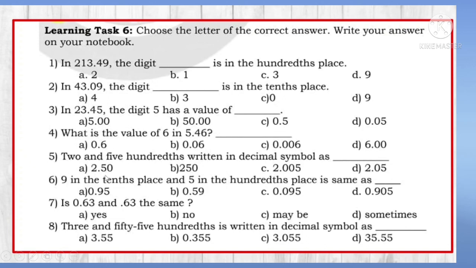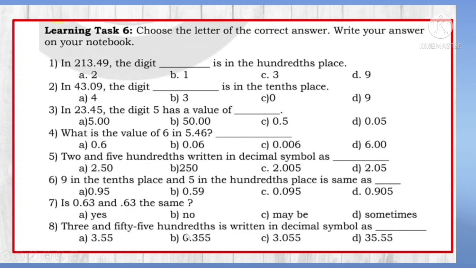Then number 5. 2 and 50 hundredths written in decimal symbol as 2.50, 250, 2.005, 2.05. So, 2 and 50 hundredths. Alin kaya dyan? The next, number 6. 9 in the tenths place and 5 in the hundredths place is the same as A, B, C, D. Then 7. 0.63 and 0.630 are the same?